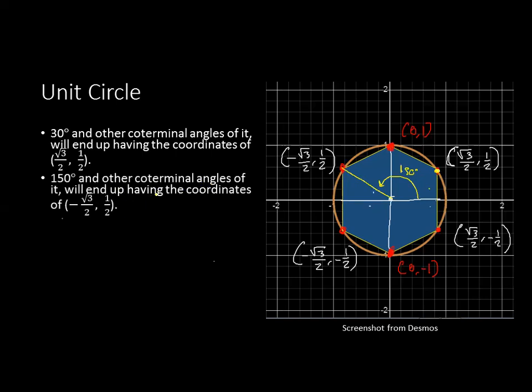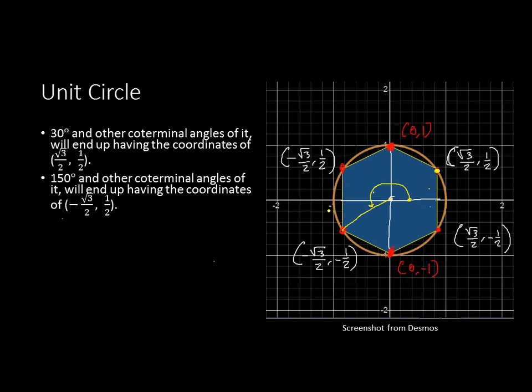Of course, I forgot the coterminal angles of 150 degrees. Now we go even further. What if we reach from here up to this point? Here you will not be having 150 degrees anymore, but rather 210 degrees.